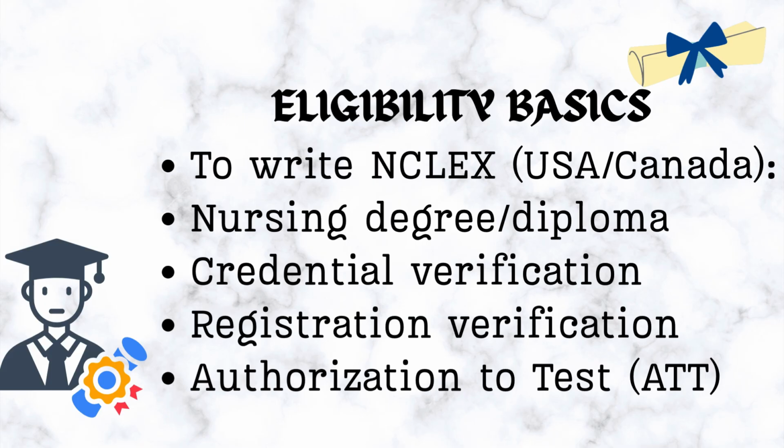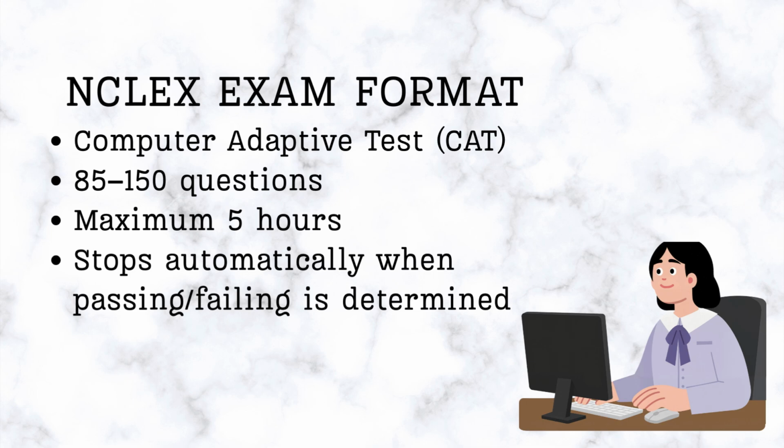NCLEX exam format. The NCLEX is a computer adaptive test, or CAT. This means the difficulty of each question changes based on how you answer the previous one. The minimum is 85 questions and the maximum can go up to 150. The total testing time can be up to 5 hours, including your breaks.